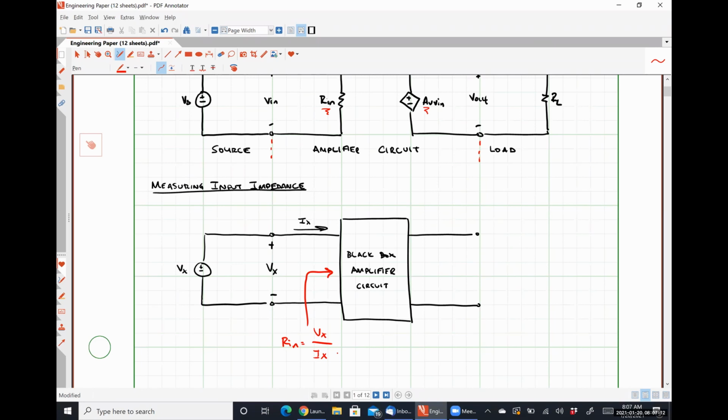I want to point out something very important. The output or load terminals are open circuited.